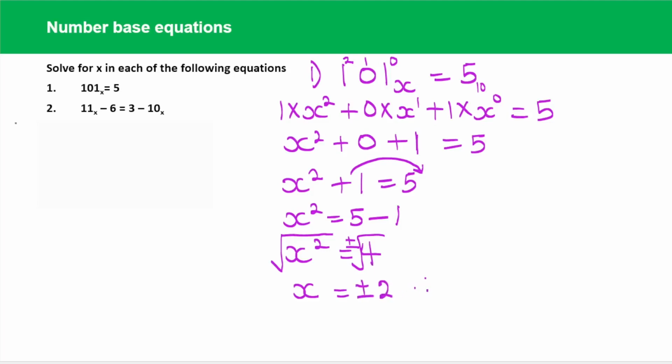So our answer to this equation is x is equal to plus 2 or minus 2. But remember, x here stands for the base, and since the base cannot be negative, this cannot be our answer. So we go for the positive value of x, which is x equals 2.